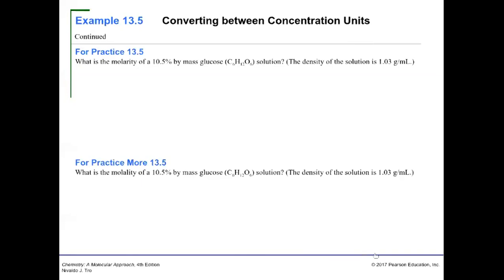So this first one's very similar to the one we just did, where we're trying to find molarity. So molarity, we know we need moles solute divided by liters solution. So we look at the information we have to see how we can get that. So we have 10.5 grams of our glucose, C6H12O6, per 100 grams of our solution.